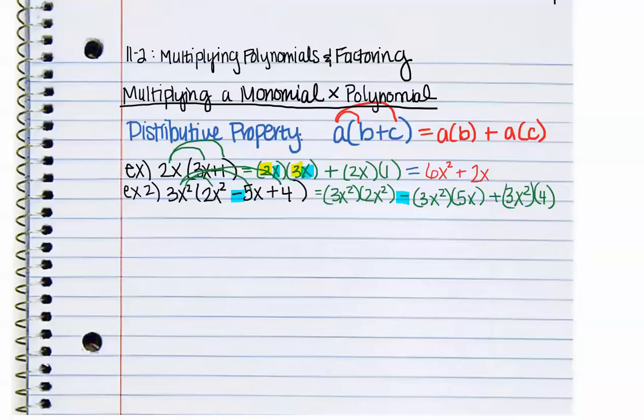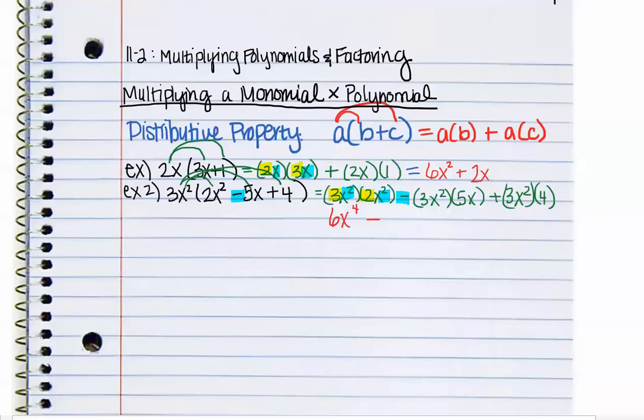All right, so again, when you're multiplying something like 3x squared times 2x squared, you multiply the 3 and the 2, which gives us 6. And then we multiply the x squared times the x squared, and in that case we're adding our exponents. And so we would get x to the 4th. And so that's the first term.